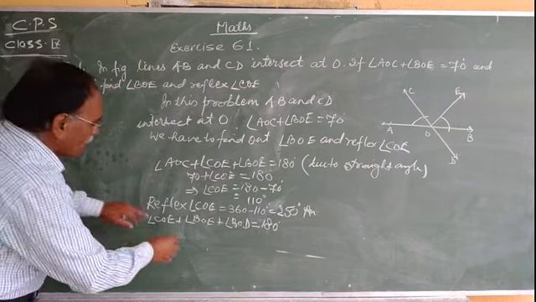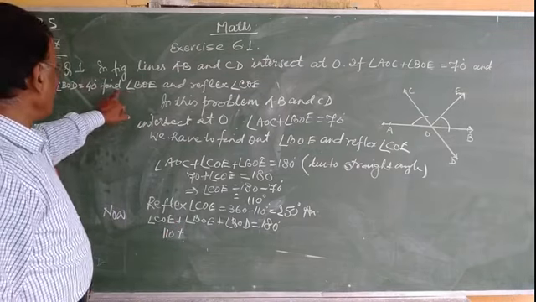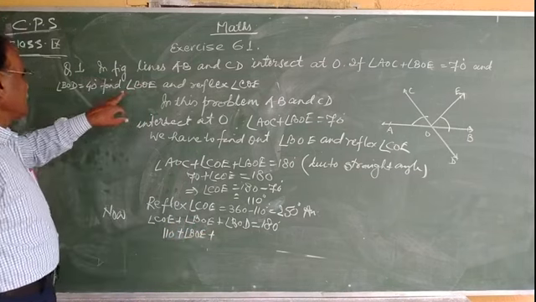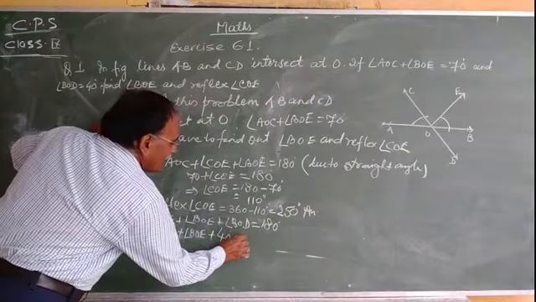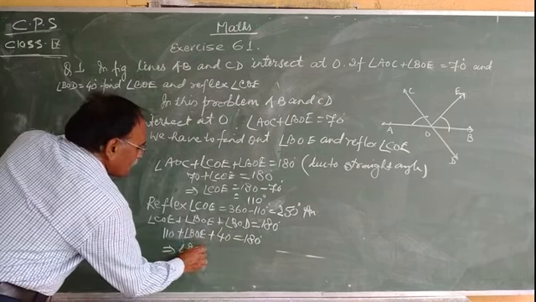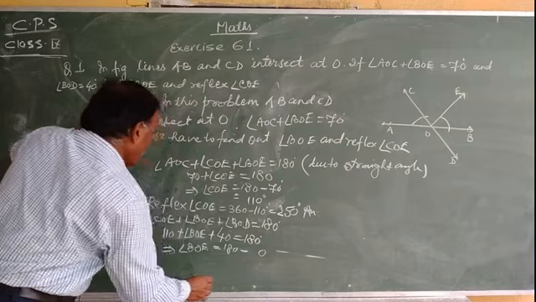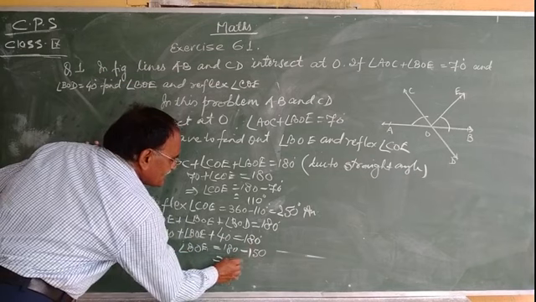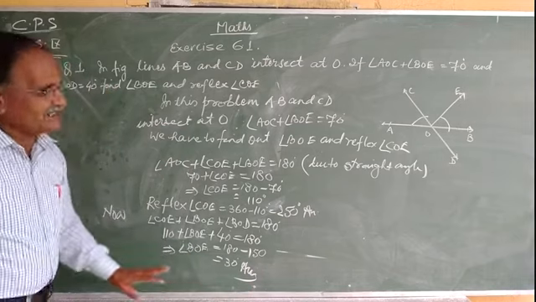COE we have found before, 110, plus BOE, which we have to find, and BOD is already given in your question. This is 40 degrees and it is equal to 180 degrees. This implies angle BOE is equal to 180 minus 150, that is 30 degrees. This is the answer of the second part, that is angle BOE is equal to 30 degrees.